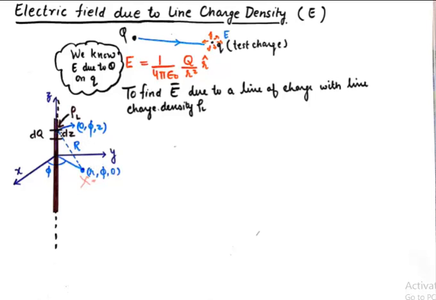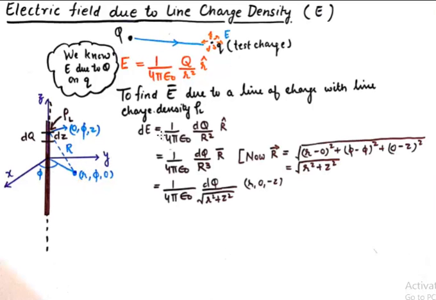Next we consider a small differential length dz on this infinite wire with charge dq, and because of that small length dz, if I wish to see how much electric field intensity is being felt here at this point, that can easily be calculated.